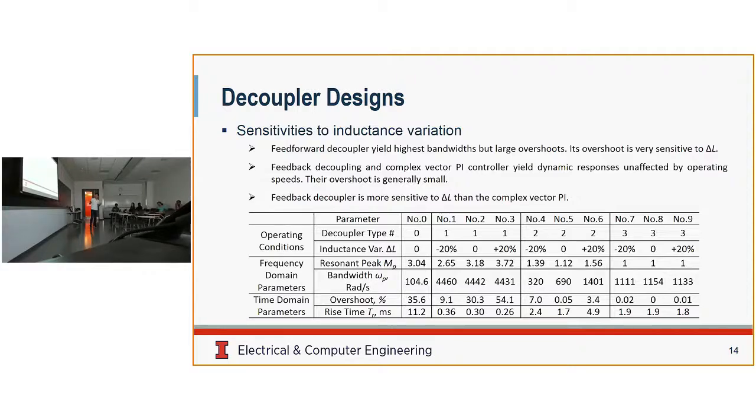And for the complex vector decouplers, we can see that this system is almost insensitive to the inductance variation. So when we choose different types of decouplers, we need to take into consideration these practical effects.